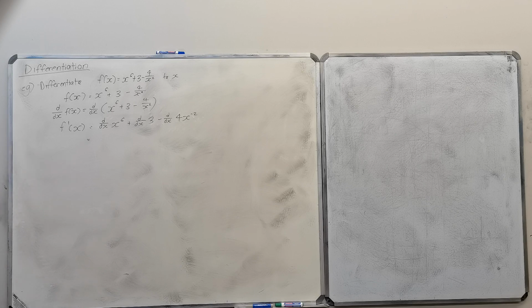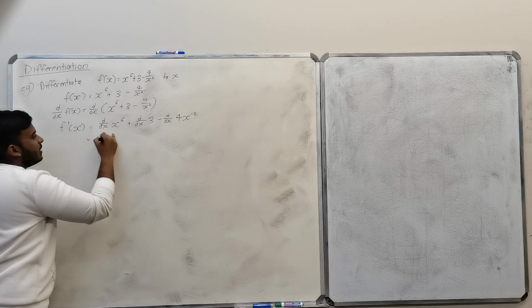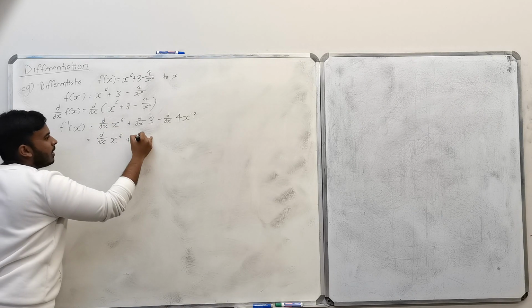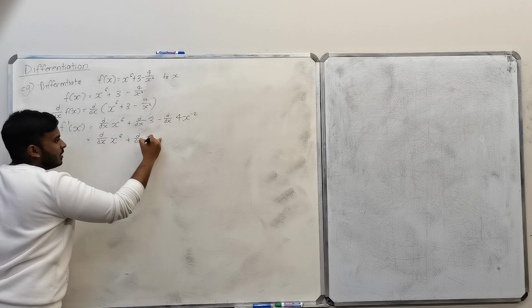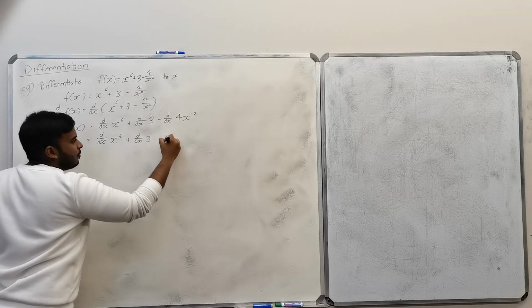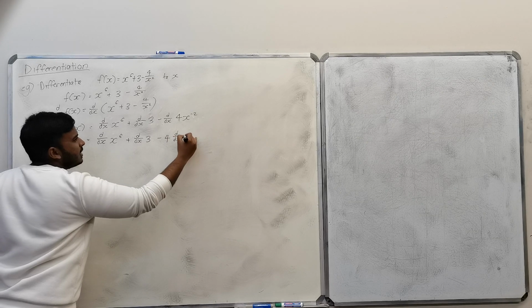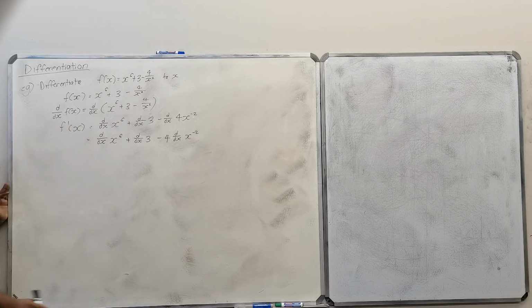Let's take out the constants first, right? d over dx x to the power 6, there's no constants there. Plus d over dx 3 minus 4 d over dx x to the power minus 2. All I did was take out the 4 from the one term. The 3 is a constant.